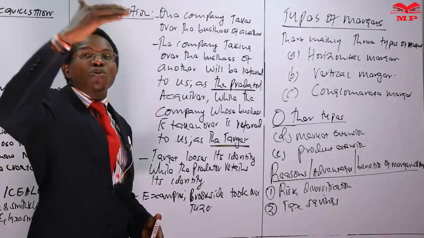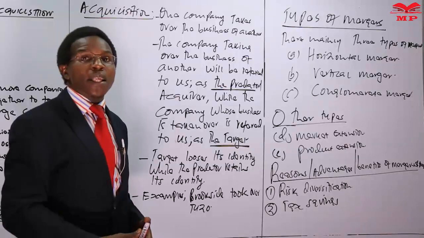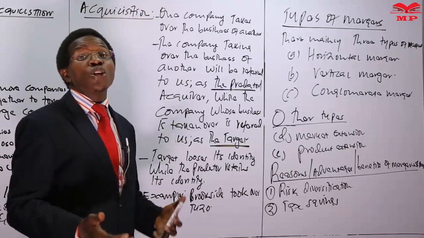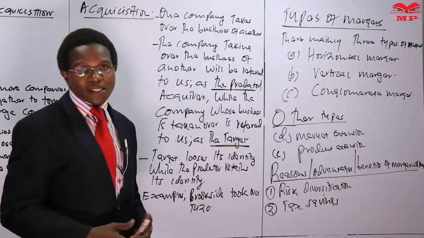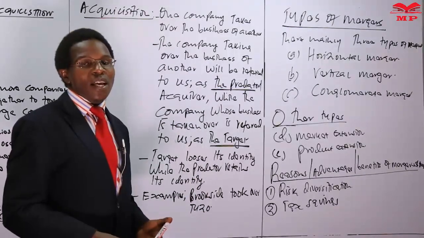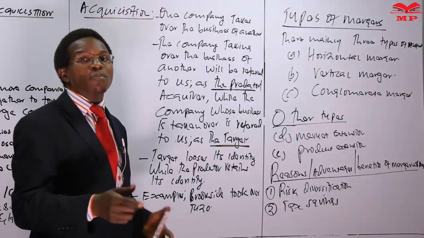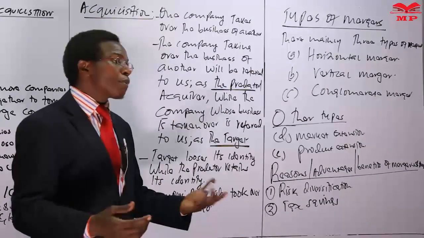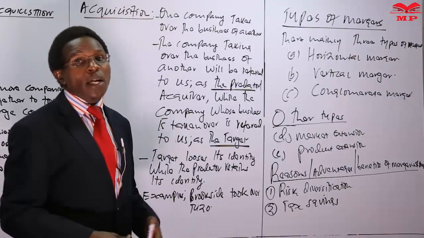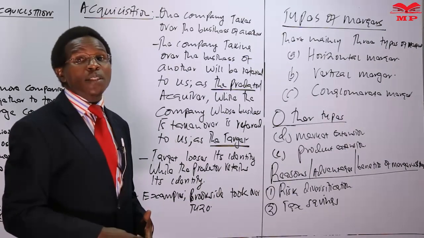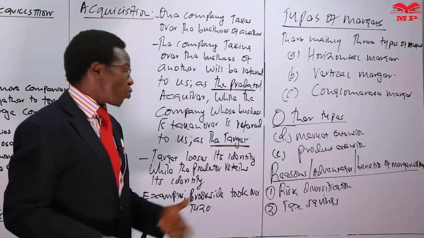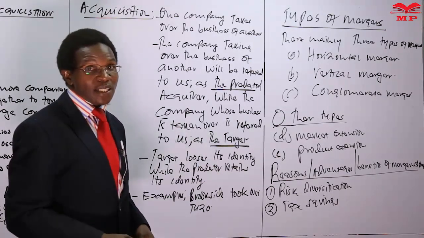If you have merged with another loss-making company, then you will definitely offset the profits that you have been making. In the process, you end up paying less tax because you don't pay tax on losses. If a loss-making company is merged with a profit-making company, it will neutralize the profits. And in the process, the company that has acquired will end up paying less taxes. So that will give us the tax savings.